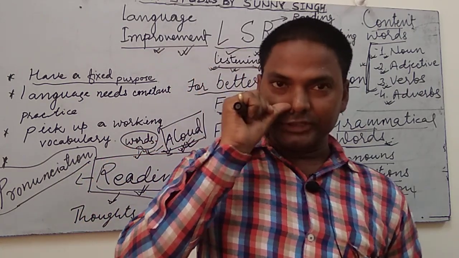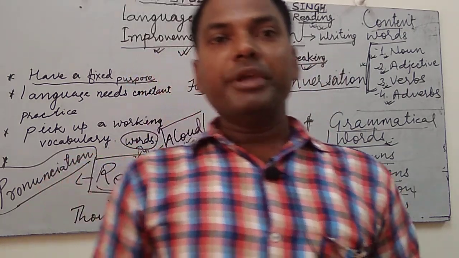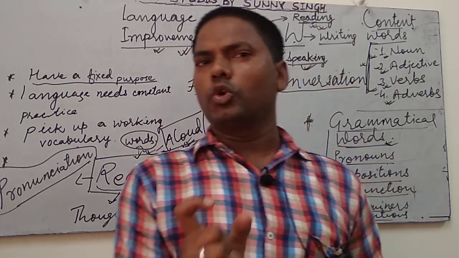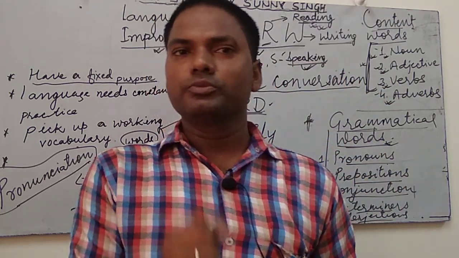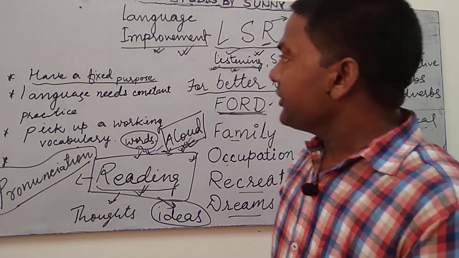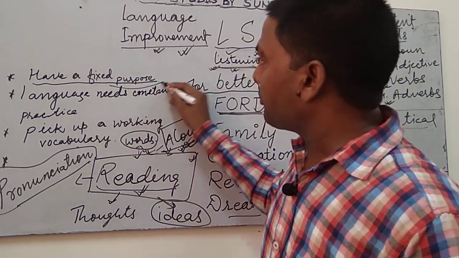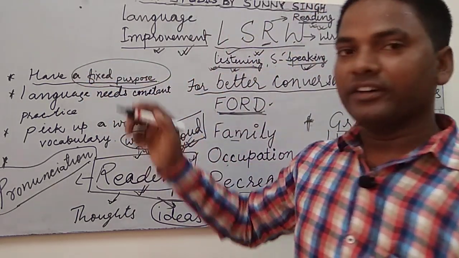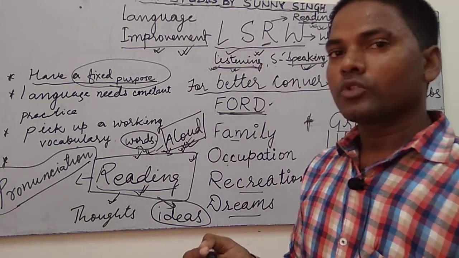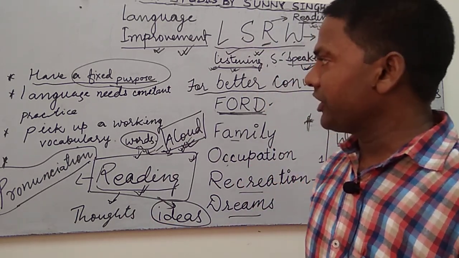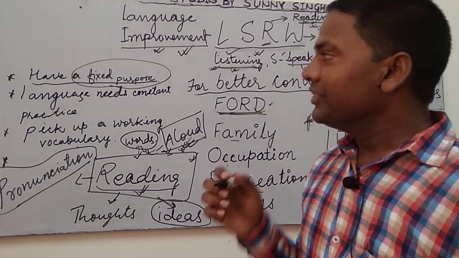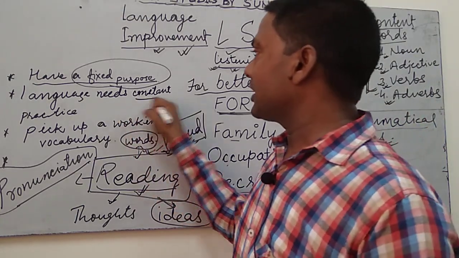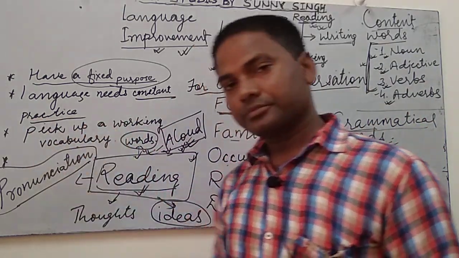So let's take a step. Start making your goal. Make a small goal of yours to improve your language, and with a fixed purpose of speaking English or developing your communication skills, let's make constant practice.